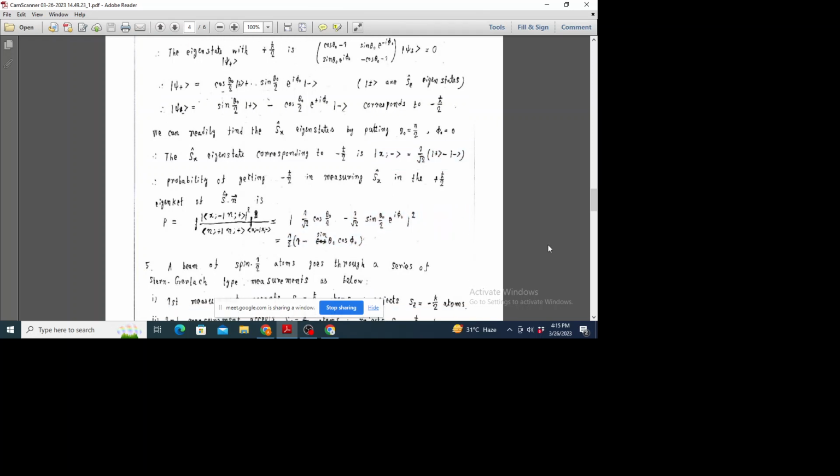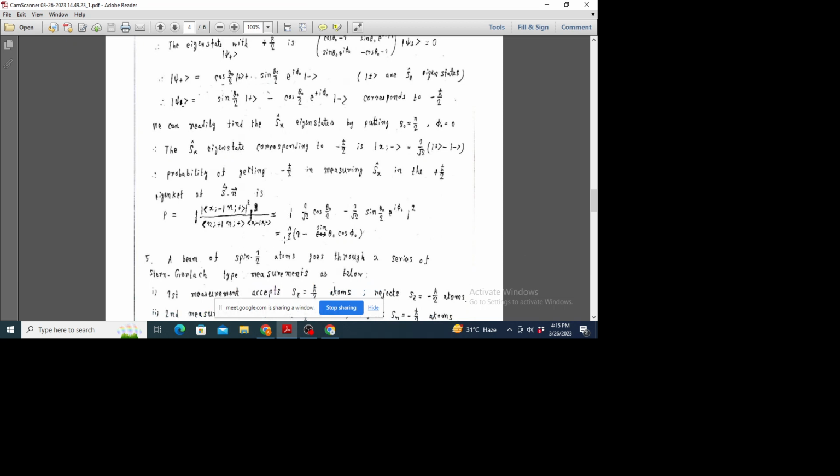So we have to now take the inner product between this and this. So take the inner product, do the mod square, and you will get this answer. The answer is 1 by 2 multiplied by 1 minus sine theta naught cos phi naught.